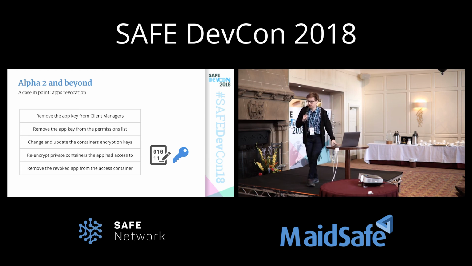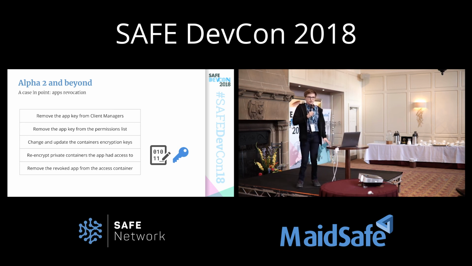There is another example that's the most complicated one in Safe Client Libs, and it relates to revoking applications. It might look like a single operation from the standpoint of the user interface, but actually it has so many parts, and some of the parts have their own subparts.